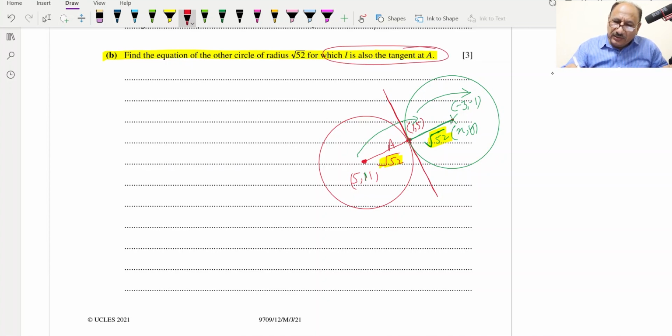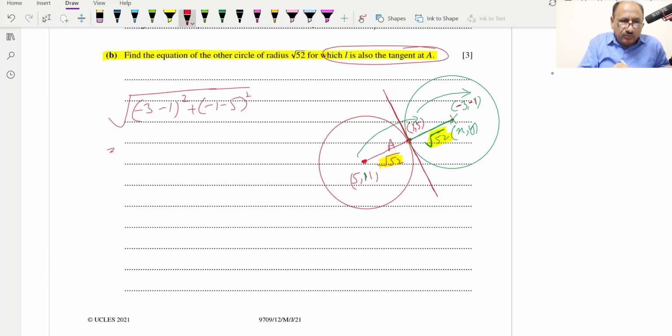So the radius is the same, so we can find the distance, and we can write it like this: minus 3. If we take minus 3 and minus 1 as the center, it will be (-3 - 1) squared plus (-1 - 1) squared.